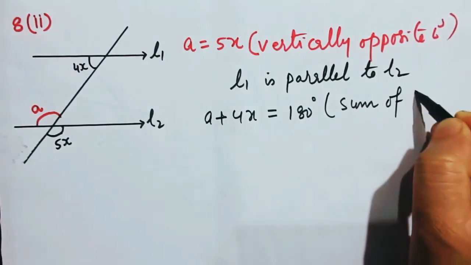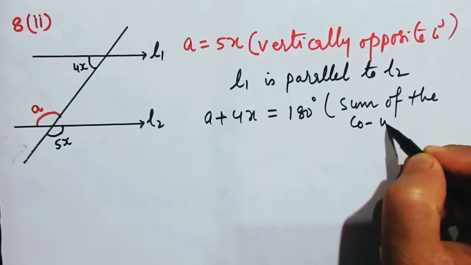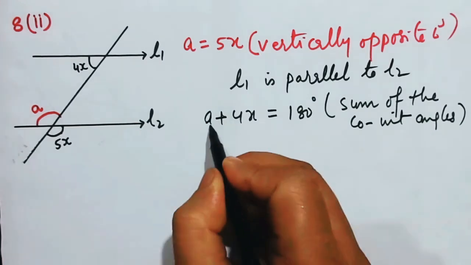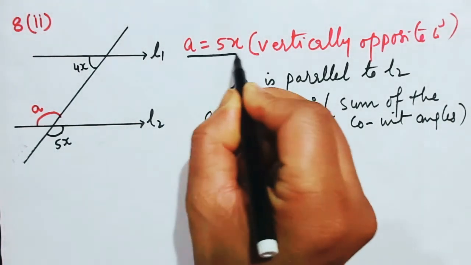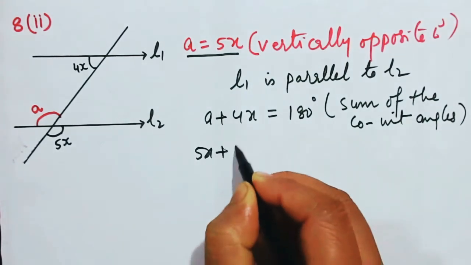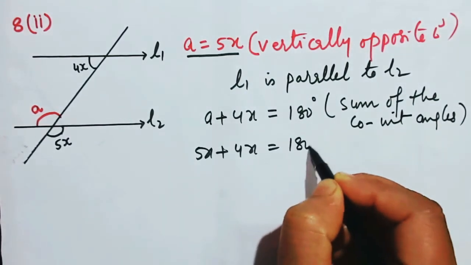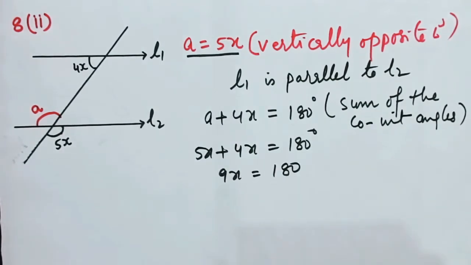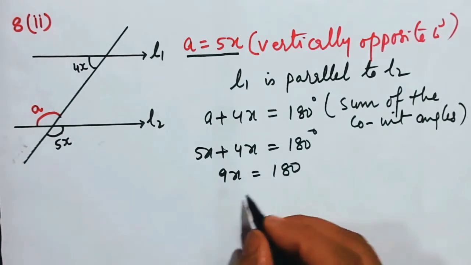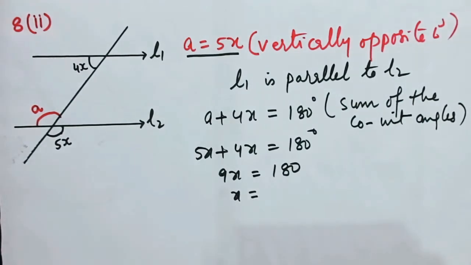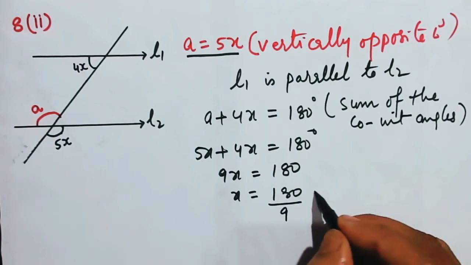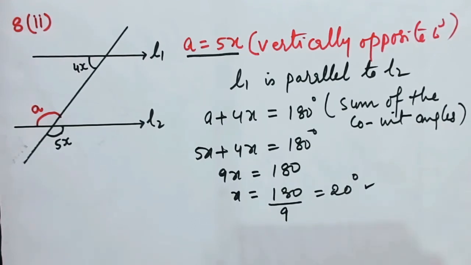Because they are co-interior angles. What is the value of A? Right now I have found the value of A as 5x. So I will write 5x plus 4x is equal to 180. 9x will be equal to 180. Therefore, the value of x will be 180 divided by 9, which is 20.